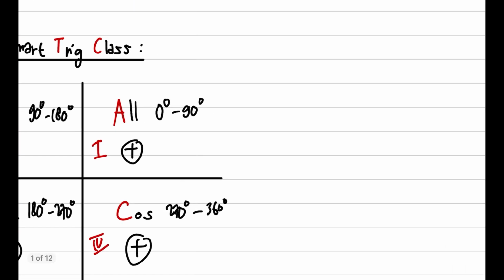Let's say I want to find the value of cosine 210. First thing first, you have to find the basic angle. So you draw it first, 210 approximately here. This is 210, so the basic angle is this one, which is 210 minus 180 degrees.